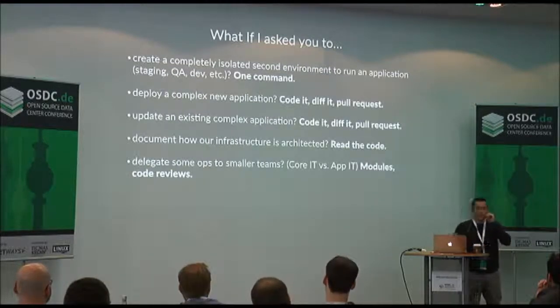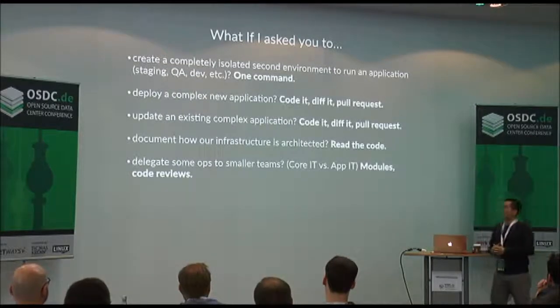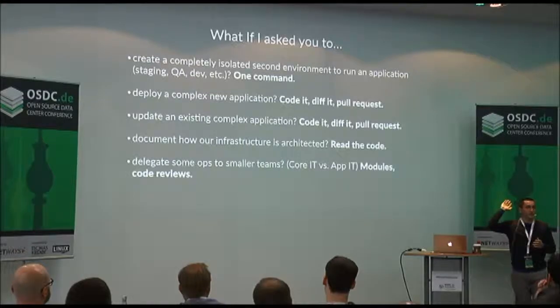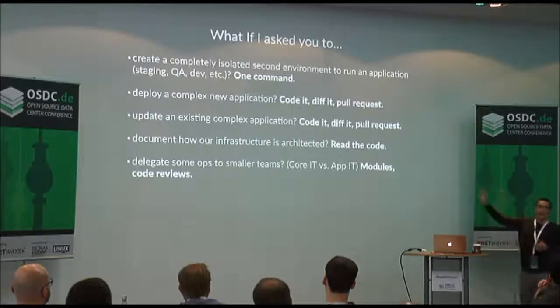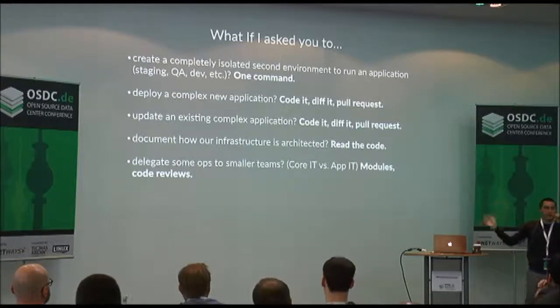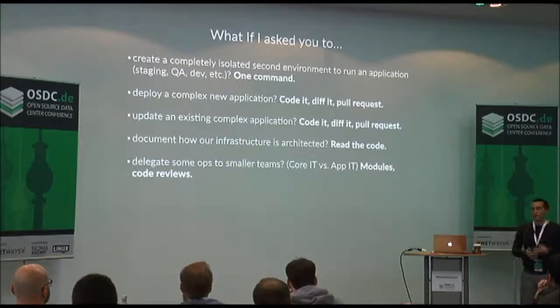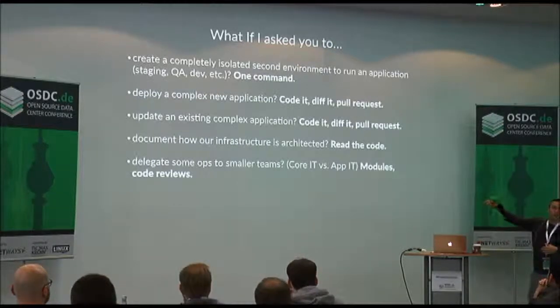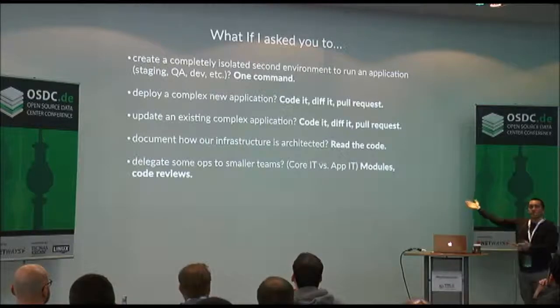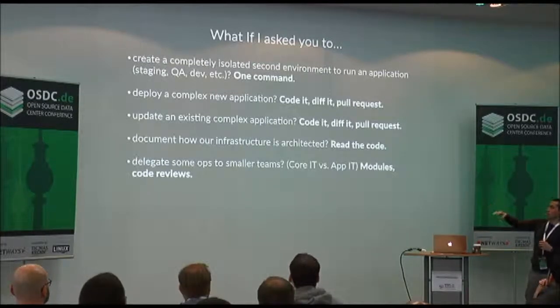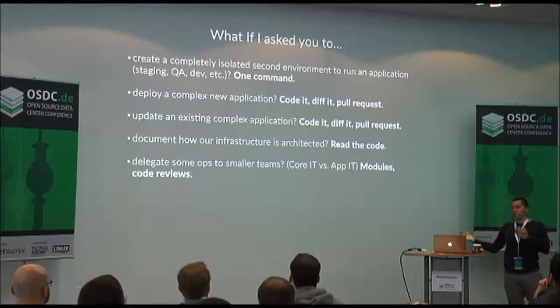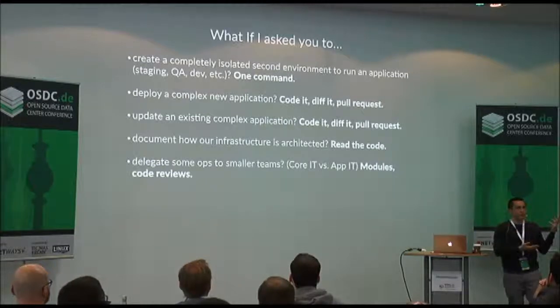And in terms of Terraform, these are sort of the answers you give. To create isolated environments, it's one command. To deploy and update applications, you code it, infrastructure as code, you diff it, see what's going to happen, and then you apply it. You treat it sort of like an application. How do you document how infrastructure is architected? You could either read the code. I should change that answer because it's not the greatest, but you could either read the code or Terraform could generate you a graph.